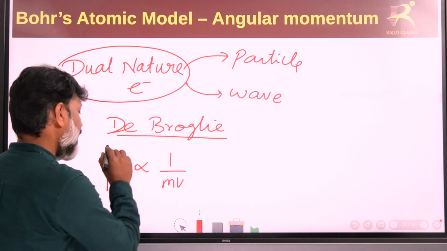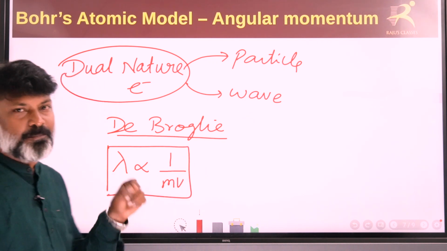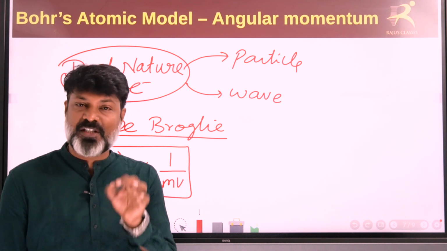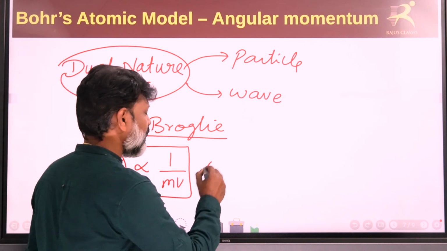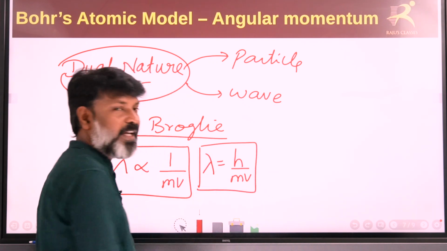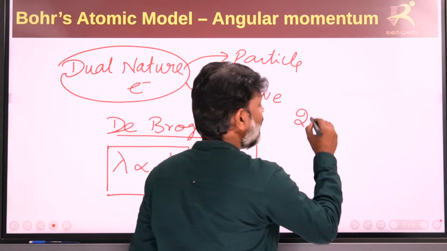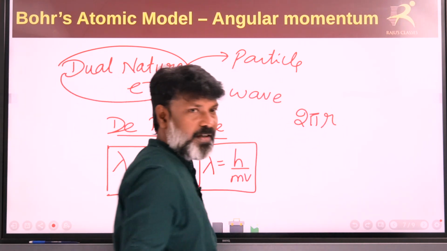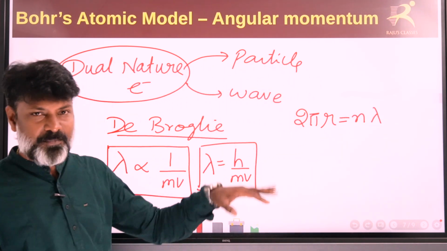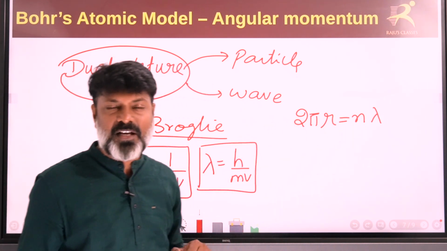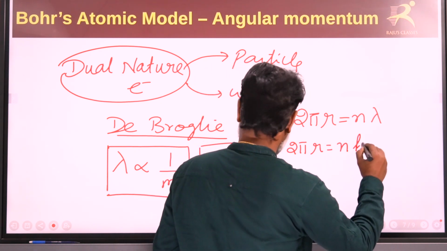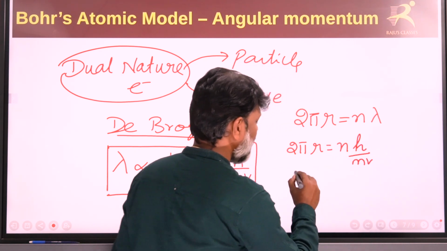He said that the wavelength of an electron, or whatever the particle may be, is inversely proportional to the linear momentum; in other words, lambda equals h by mv. This is the de Broglie hypothesis. Also, 2 pi r, the circumference of the electron's orbit, is always equal to n lambda. Therefore, when we substitute the lambda value there, 2 pi r is nothing but n into h by mv, or we can say mvr.